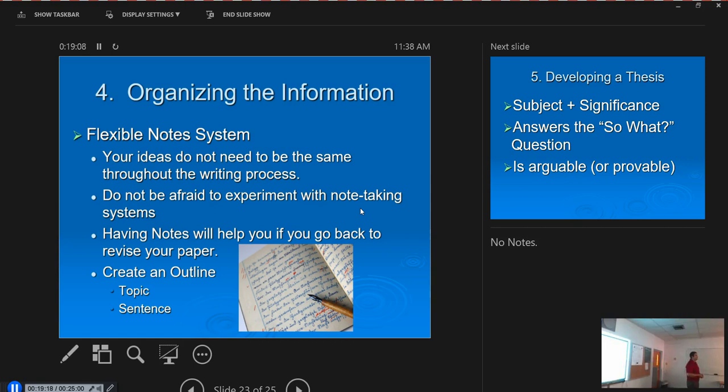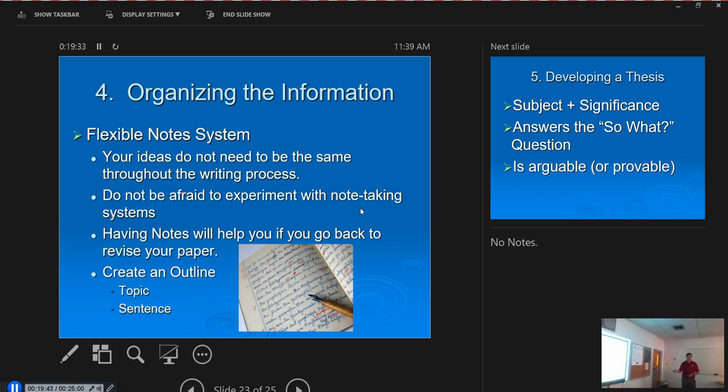Oh no, I only have 600 words. If you've written that stuff down, you can go back to your notes and say, what else did I think about? You can expand on those ideas and incorporate them into the essay. Or if you needed more details, say when you go to revise a paper, if you choose to revise, you have ideas on the page that you can use to expand your writing.